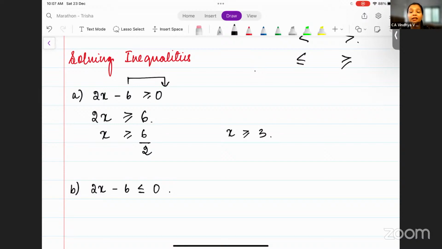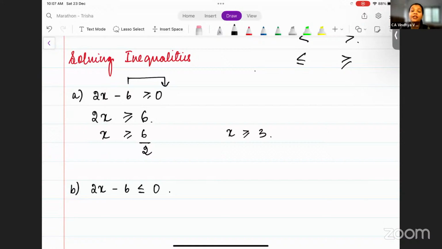Now what is this greater than or equal to 3? We saw is equal to 3 in an equation, correct? If it is equal to 3, we know that the value of x is 3, right? But greater than or equal to 3 means any value starting from 3 and greater than 3, which means 4, 5, 6, 7, and so on till infinity.